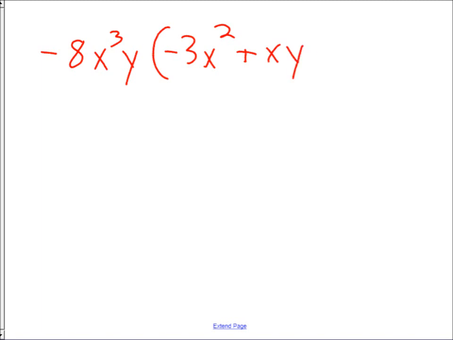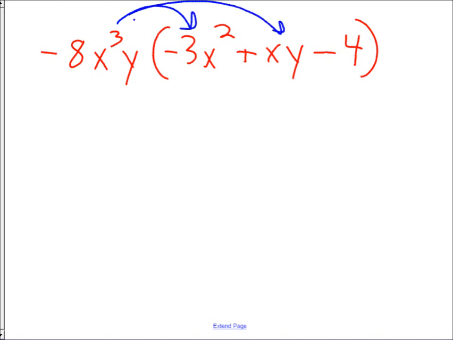Let's do another example. If we have -8x to the 3rd y, multiplying that to -3x squared plus xy minus 4. Well, again, we're going to take -8x to the 3rd y, that term, and multiply it to each of the terms inside the parentheses.